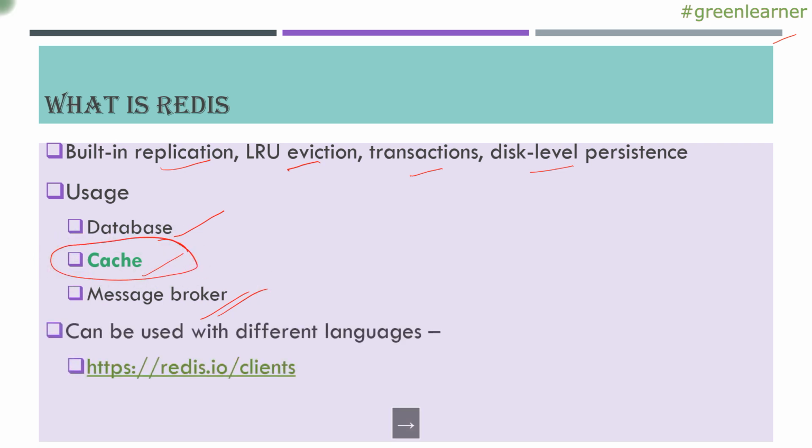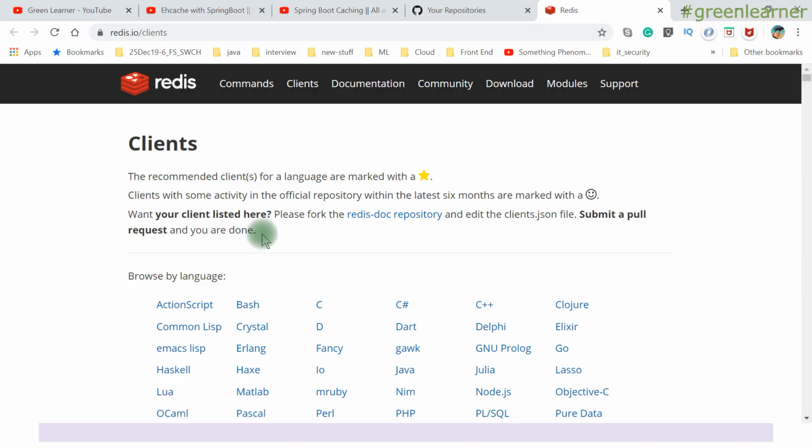All right, so Redis is written in C, but different applications written in different programming languages can use Redis with the help of clients that are available for Redis. There is a specific client for Java also and other languages also. Let's go ahead and see what are the different clients available. So these are the different clients available.